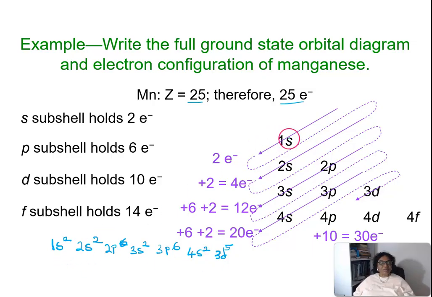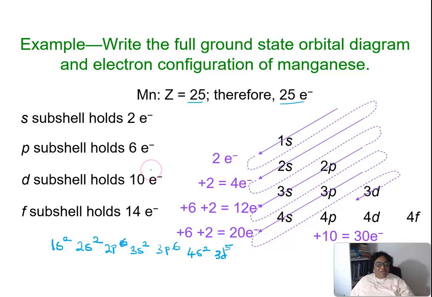1s2, 2s2, 2p can have a maximum of 6 electrons, 6. 3s2, 3p6, 4s2, then 3d. Because we have 25 electrons, it contains 5 electrons.